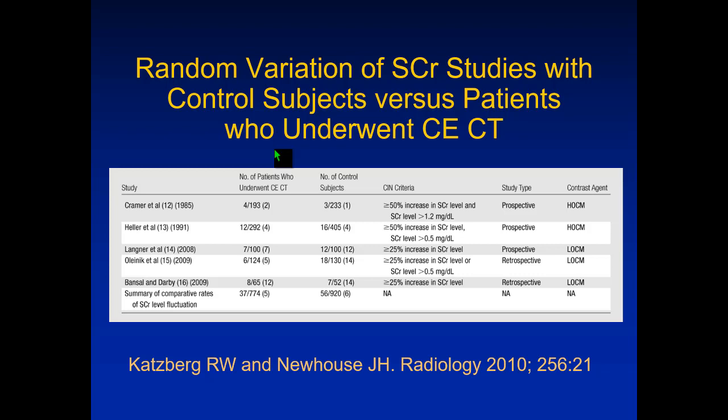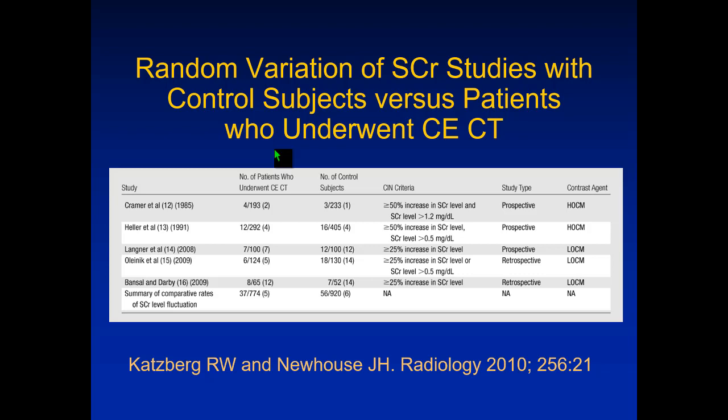And very astutely, about 10 years ago, Jeff Newhouse really raised this issue about the fact that if you look at all of the studies looking at CIN, very few of them, a very, very small number, looked at control groups. That is, compared the patients who received intravenous contrast to a similar group of patients who did not receive intravenous contrast.